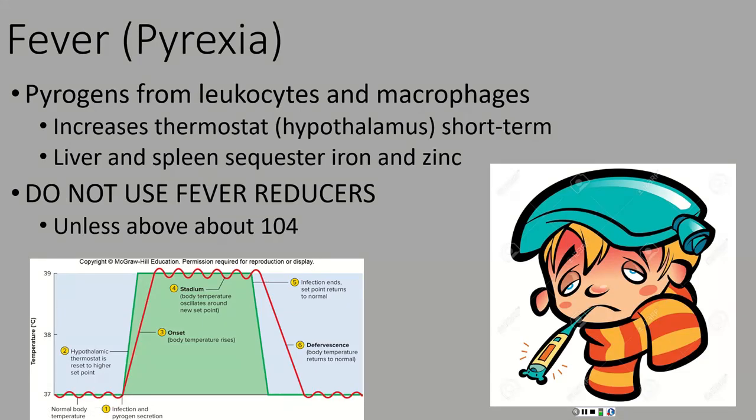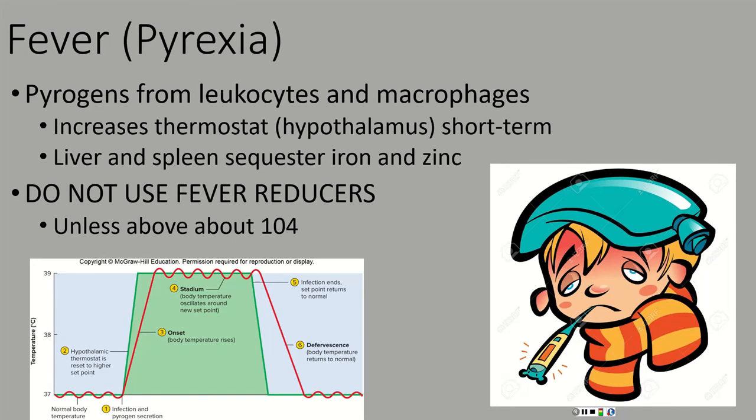Well, let's start talking now about fever. Medically, this is called pyrexia. Fever is something we've all experienced, and we know that it feels absolutely miserable. But fever is actually our body fighting something that is making us sick. The fever, even though it feels miserable, is a good thing when we're sick.